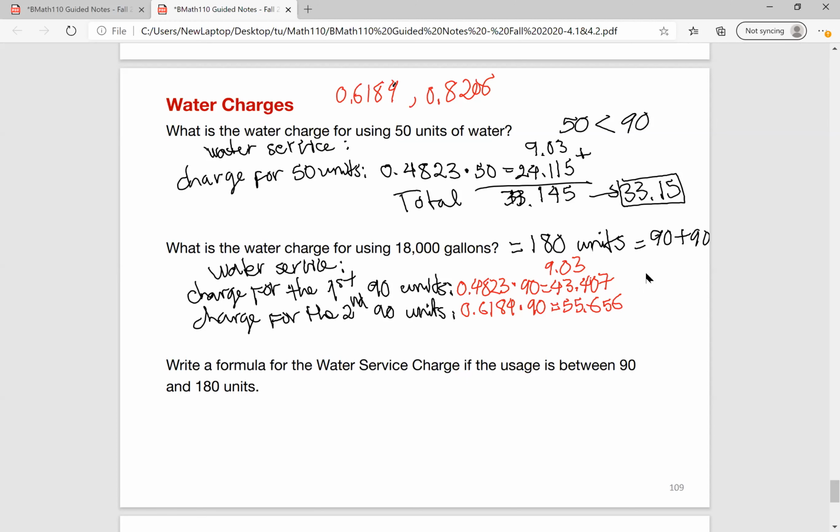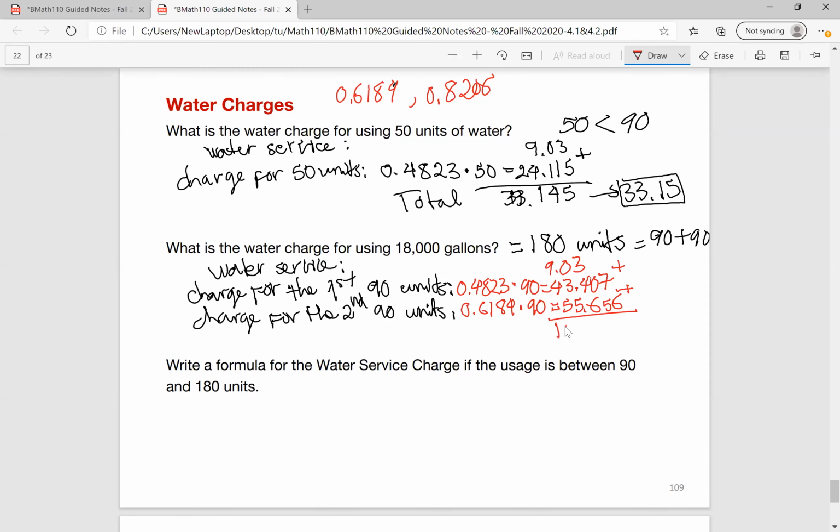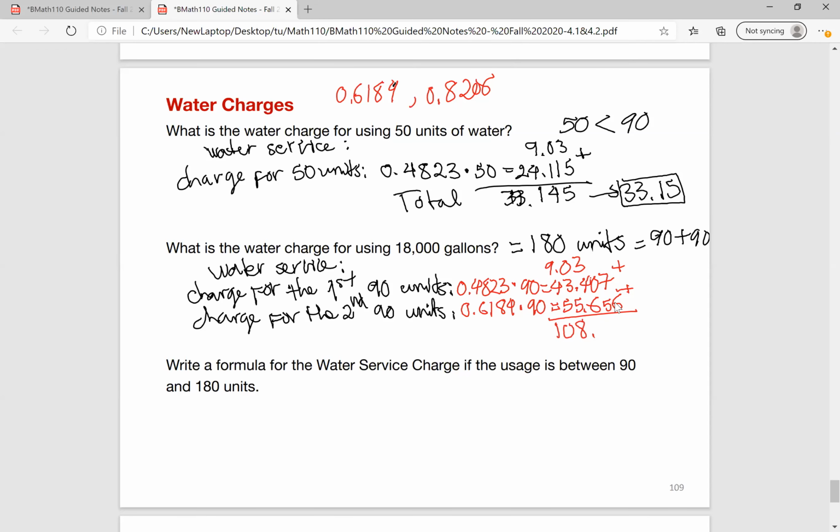And now you're going to add them up. 43.407 plus 55.656 plus 9.03, then you have 108.093, and that's the total you have to pay for 180 units.